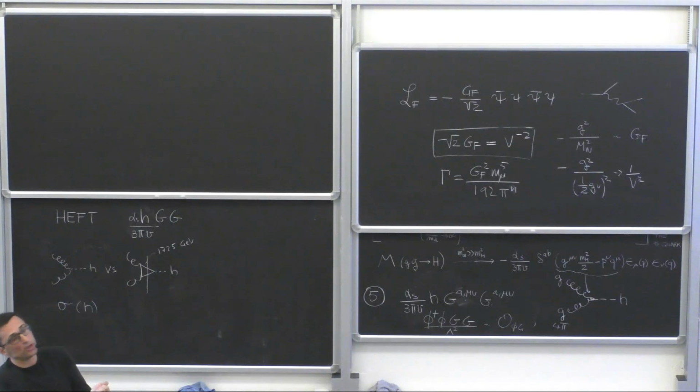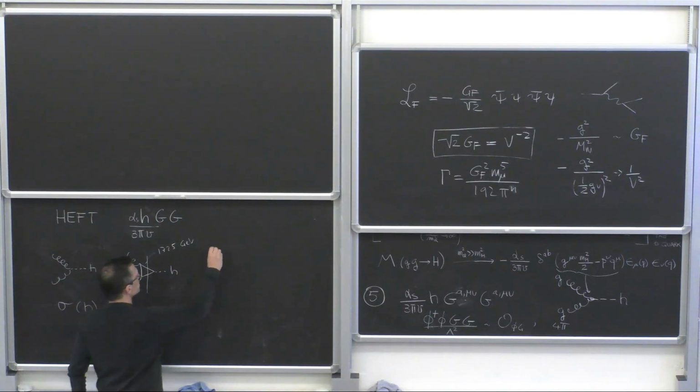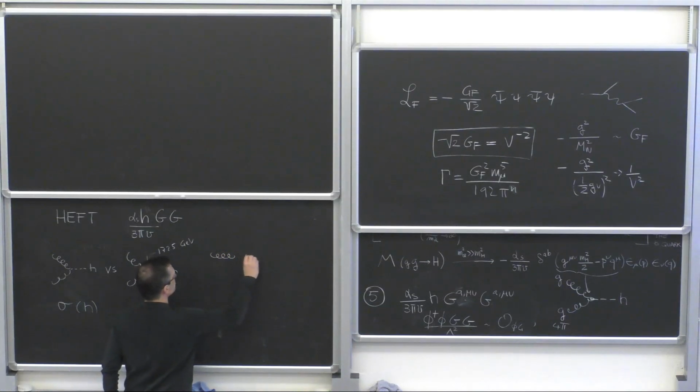I need at least something that recoils against the Higgs, which in this case can be a gluon. So I will compute a process like gluon gluon to gluon and Higgs, on this side.